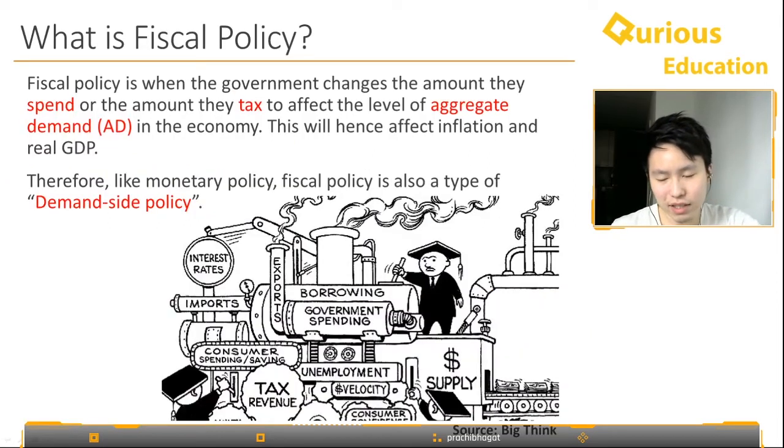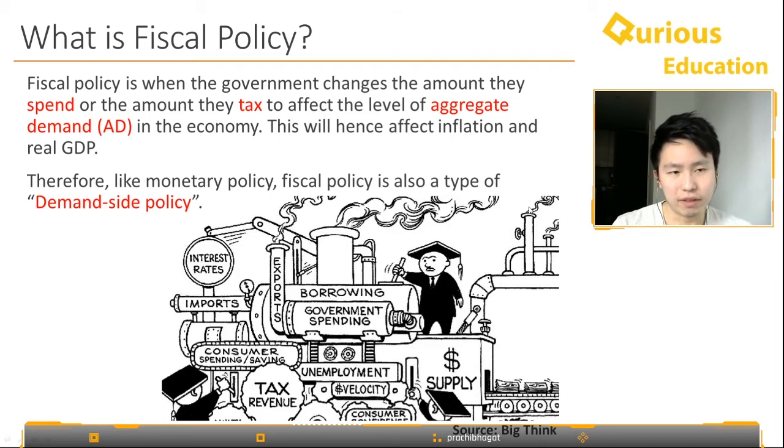So what is fiscal policy? Fiscal policy is when the government spends more money or spends money in general, or if they tax us through income tax or VAT and things like that. So whenever the government increases or decreases their spending or increases or decreases their taxes, then it can be considered part of fiscal policy.